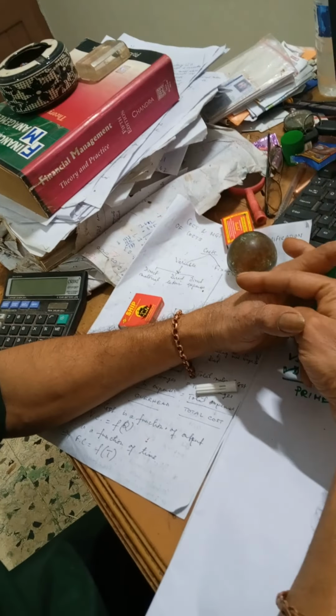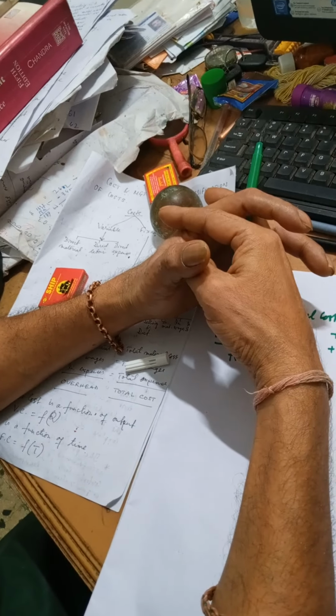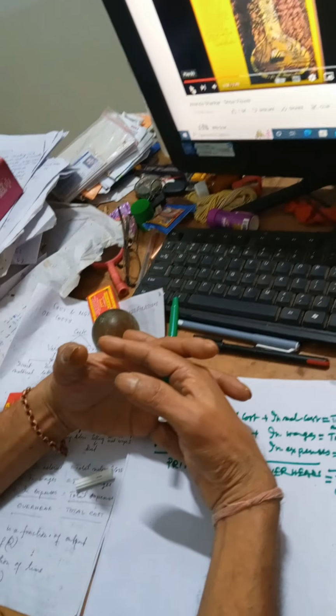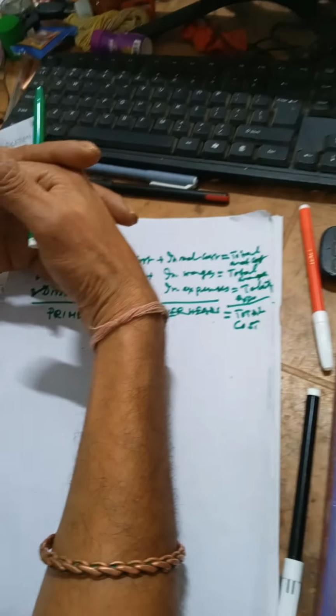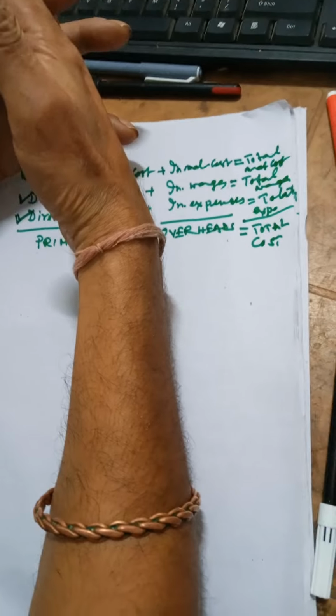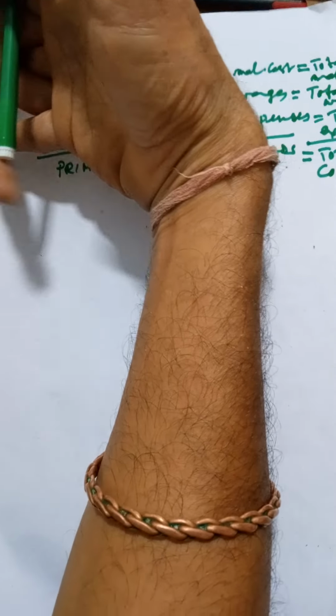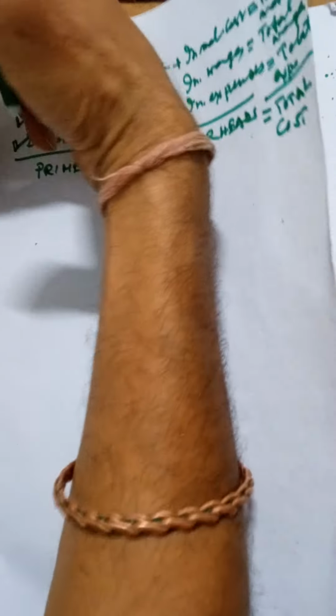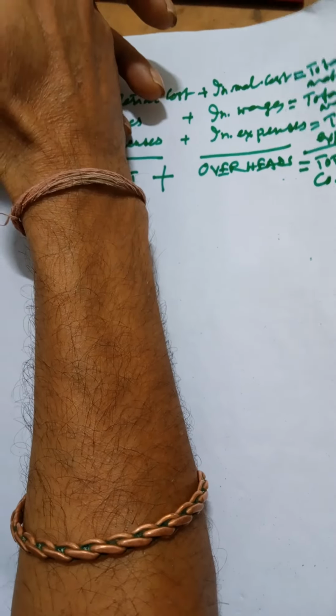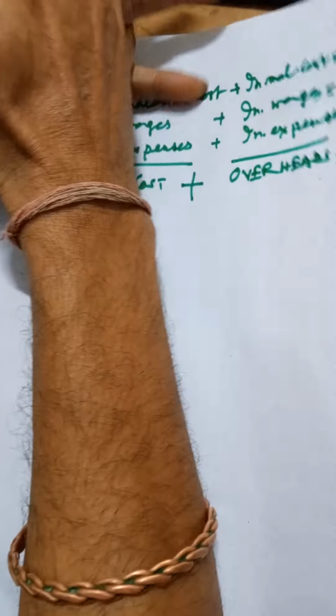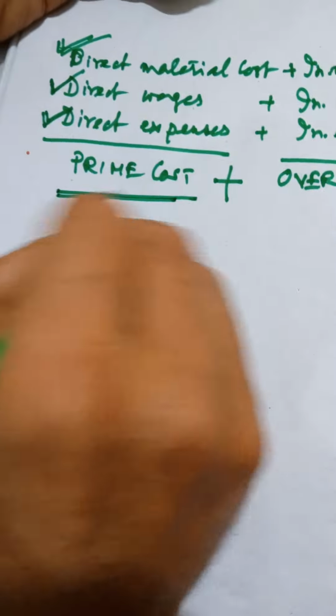Say for example, for a construction company, the cost of drawing or designing a project is direct expense, because you cannot tell it is direct material cost, nor you can tell it as direct wages, but it is directly required for producing the product, because in construction business, the whole project is considered as one unit. Okay, so these are elements of prime cost.